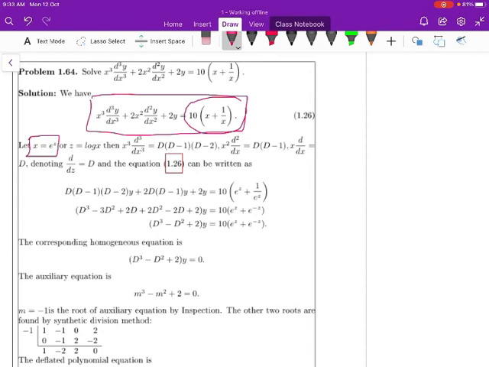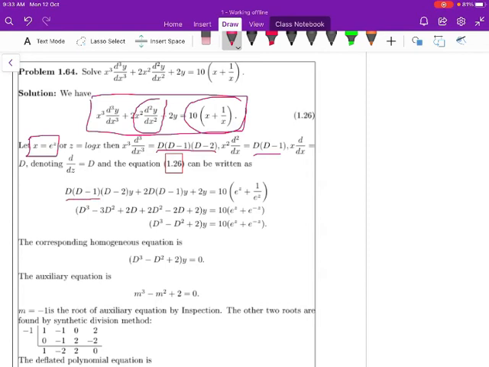You know x into d by dx can be written as capital D. x square into d square by dx square can be written as D into D minus 1. Similarly, x cube into d cube by dx cube can be written as D into D minus 1 into D minus 2.